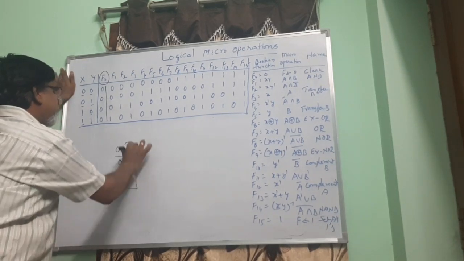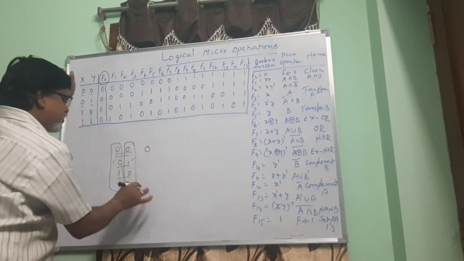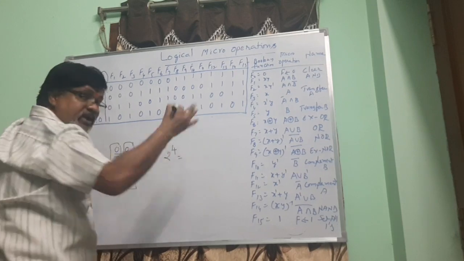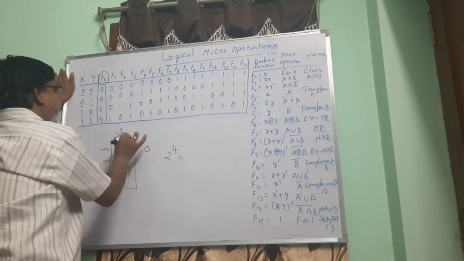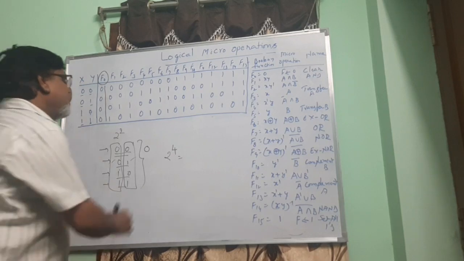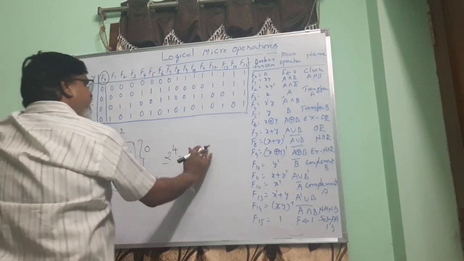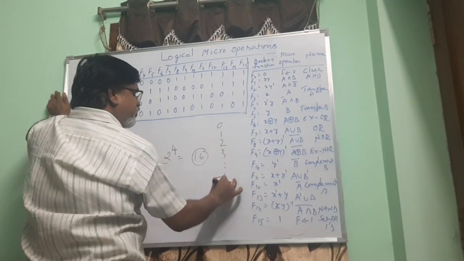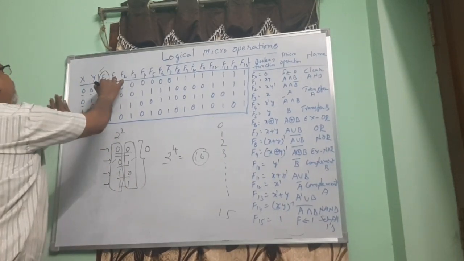See, for example, with 2 bits there are 2 power 2 combinations, which is 4 only, but by using these combinations, the number of Boolean functions we can generate is 2 power 4. The values of these Boolean functions start from 0, 1, 2, 3 and so on. Here we can observe f0 is all zeros.